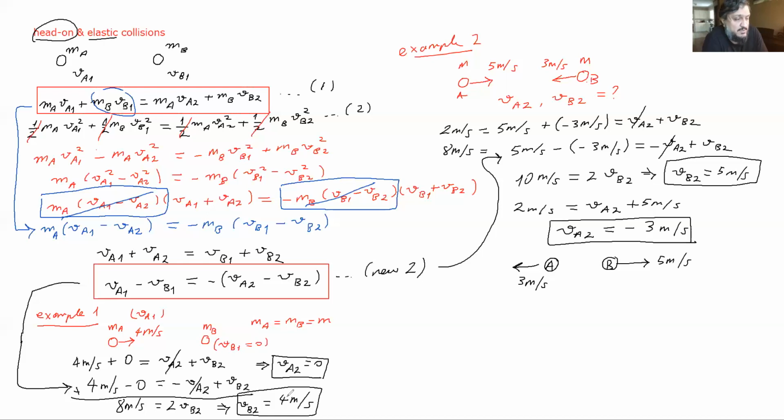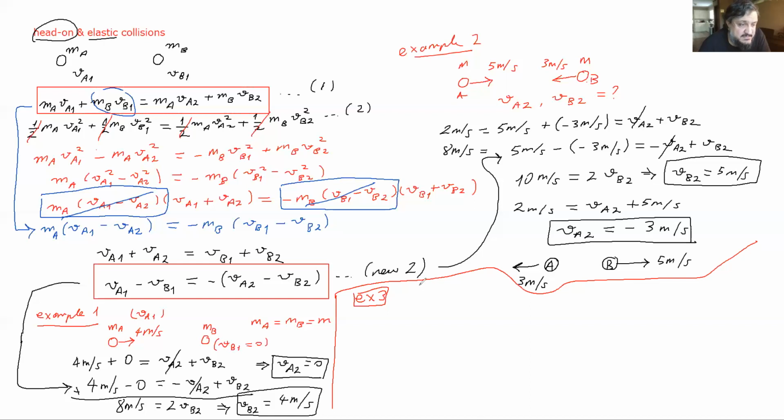Let's do another one, example 3. So let's change the masses now. Let's say example 3. Okay, let's make room here. So I'm going to change the masses.